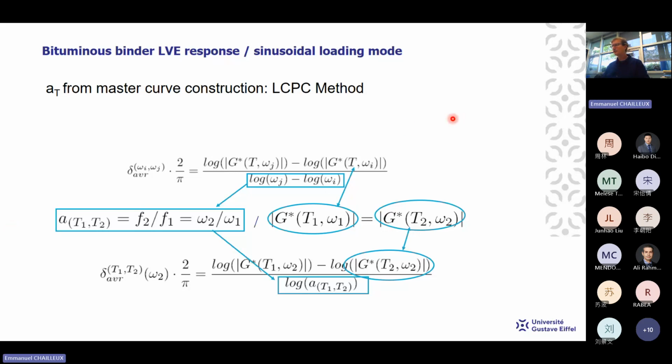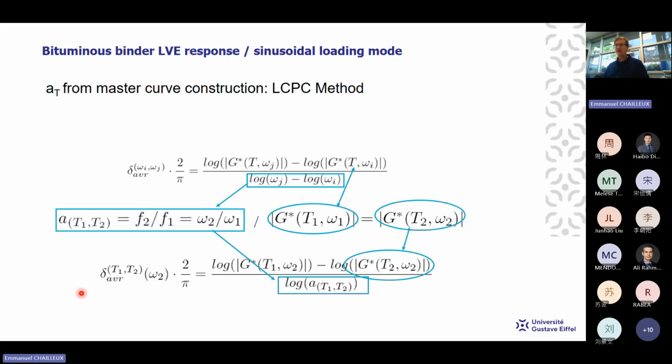I invite you to read a paper we have; I have the reference at the end of this presentation. By some mathematical transformation of the Booij-Thoone relationship, we can access the translation coefficient. We can calculate it from the phase angle and the norm of complex modulus we have measured.